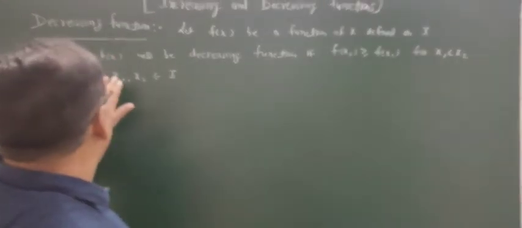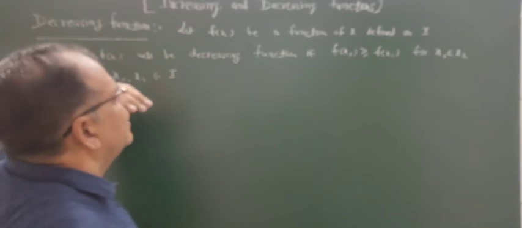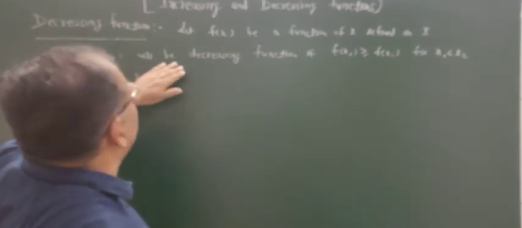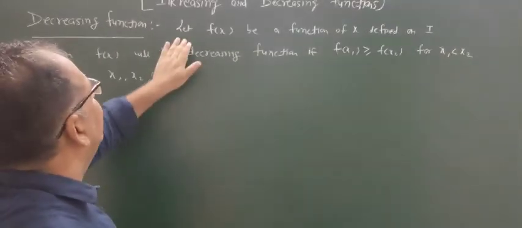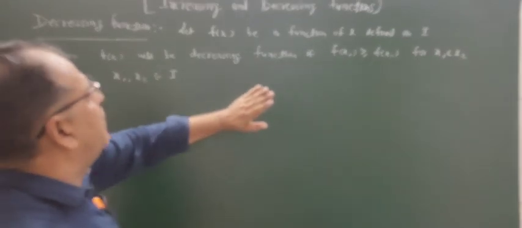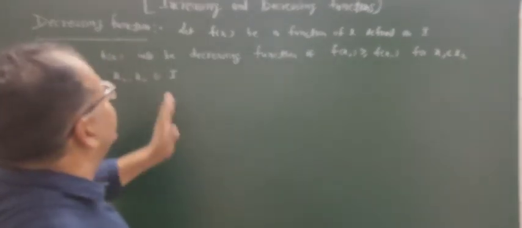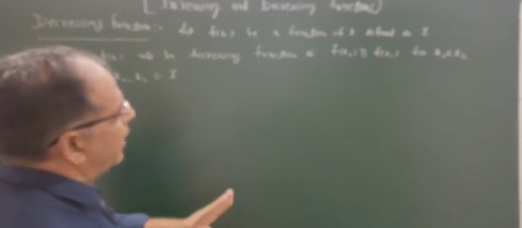For the function f(x), the trend of the function is opposite to the direction of the values of x. f(x) will be a decreasing function if f(x1) is greater than or equal to f(x2) for x1 less than x2.